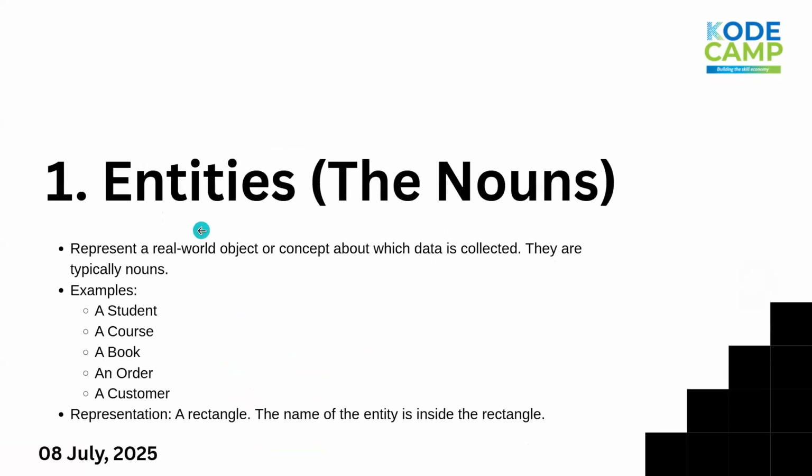Entities. Let's start with entities now. These are fundamental things or objects in your system about which you want to store information. So you can think of entities as a noun in your system description. Aside from the school management system, let's talk about a banking system, right?